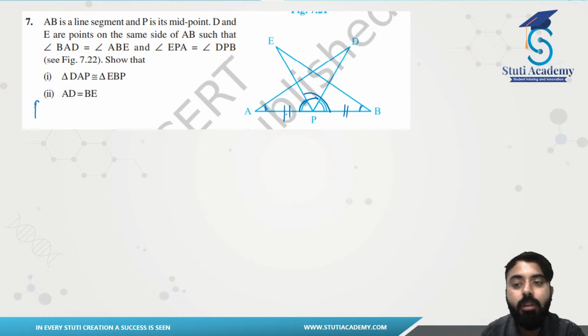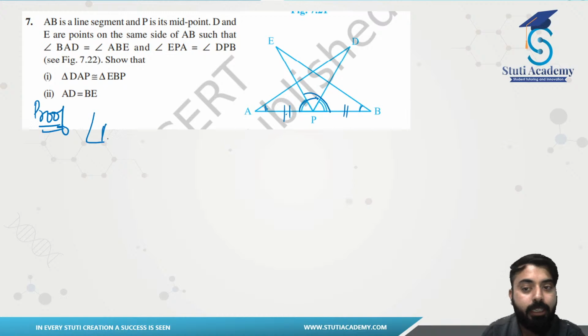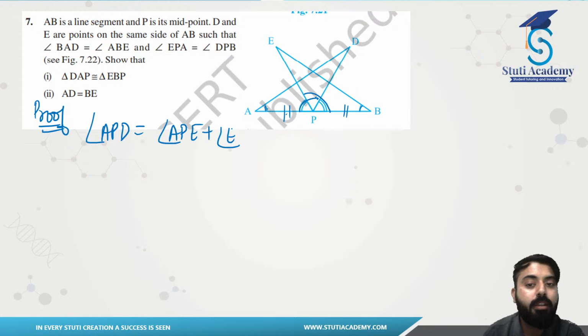Now let's prove this. So in proof, I know angle APD will be angle APE plus angle EPD, right? Similarly, angle BPE will be angle BPD plus angle EPD.